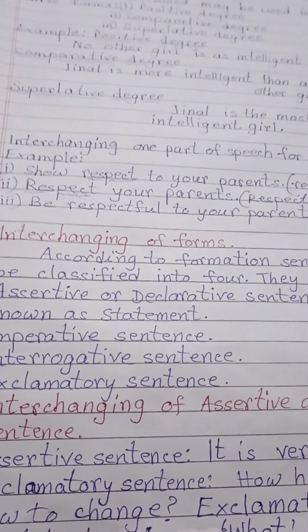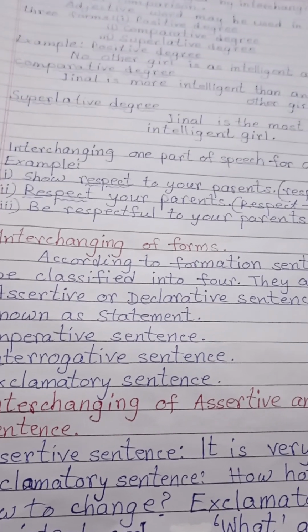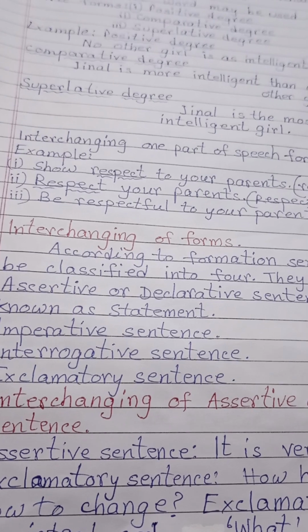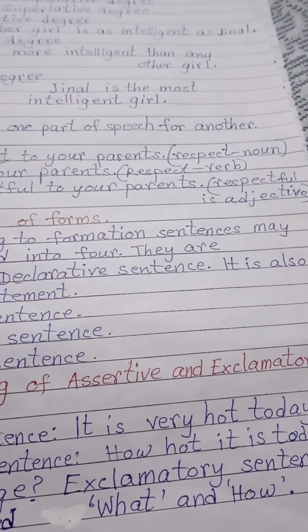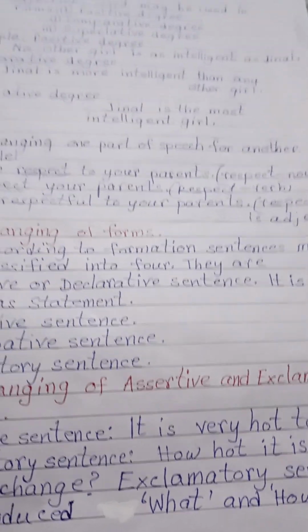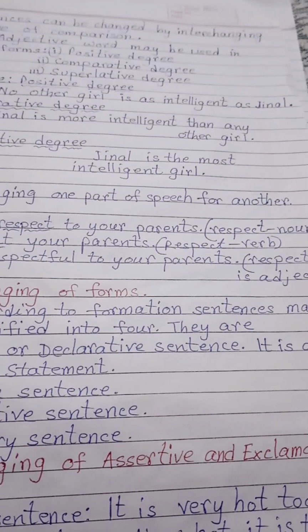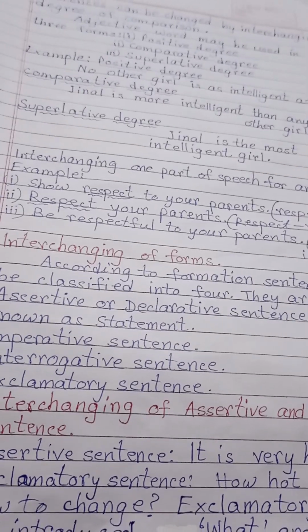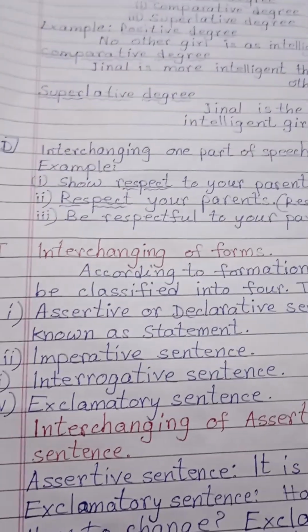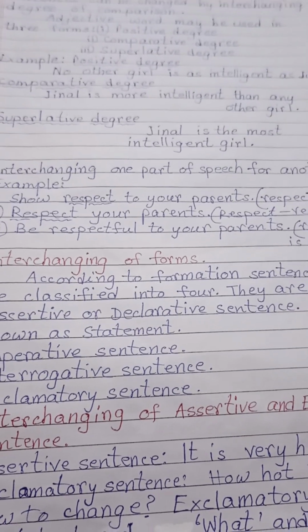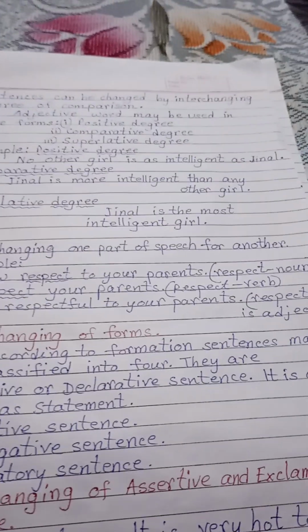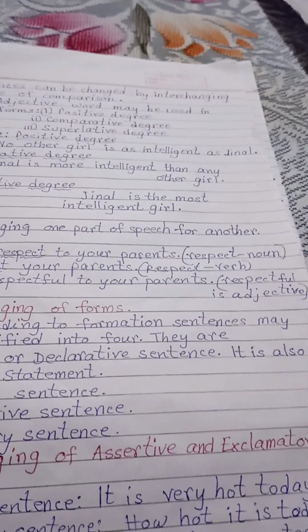So, example, show respect to your parents. Respect is used as noun. Next one, sentence, respect your parents. Here, respect is used as verb word.